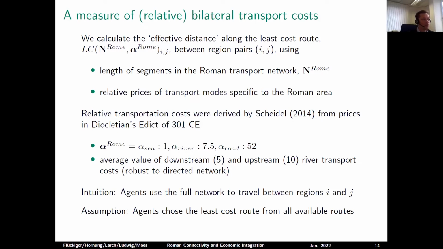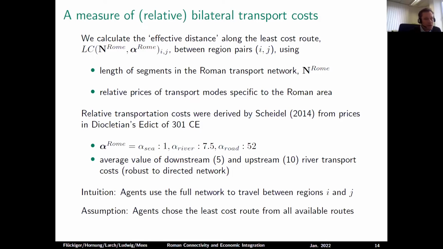And then we know river travel is 7.5 times as costly as sea travel. And the most costly mode of transportation is road travel, which has been calculated to be 52 times as costly as sea travel. Just note that the river travel that we use is an average of downstream and upstream river travel. We can also use a directed network and use the values 5 and 10. We do that in robustness checks, and it doesn't make a huge difference in the results.